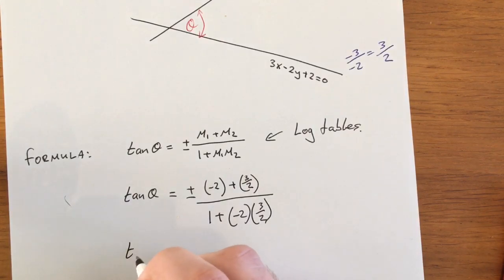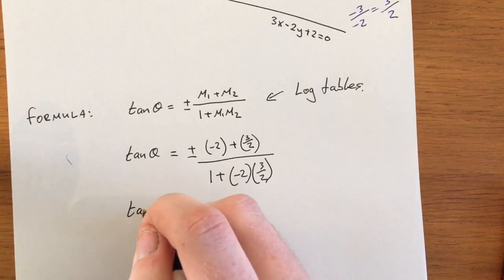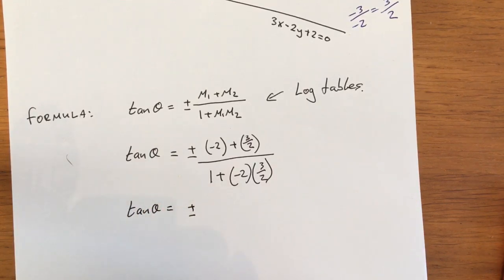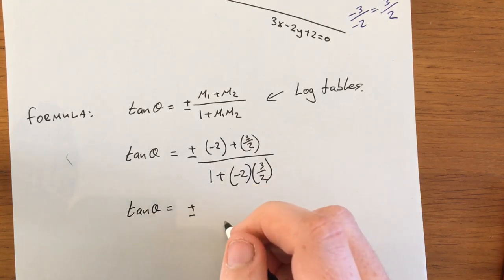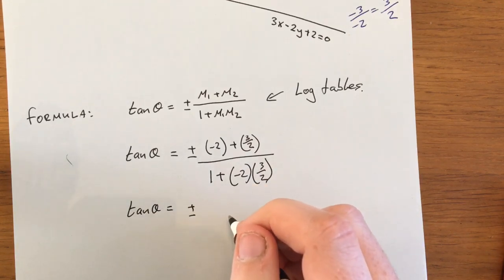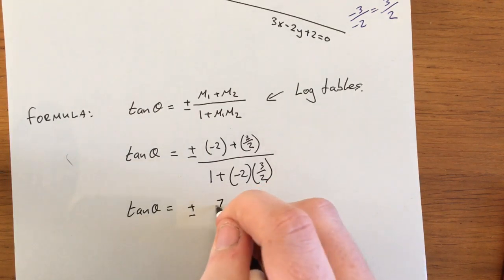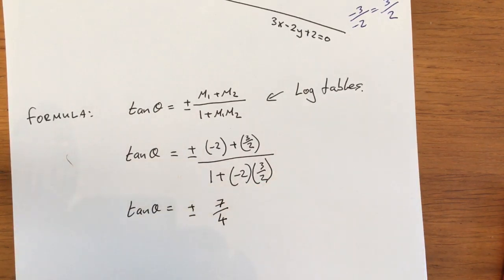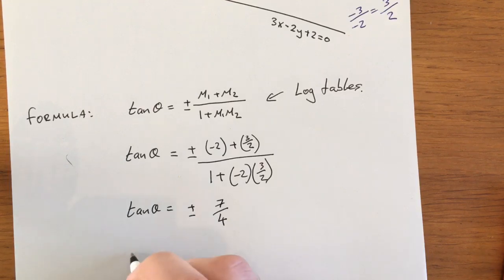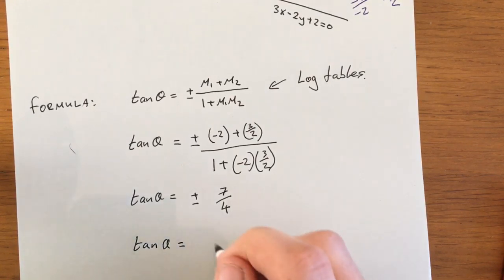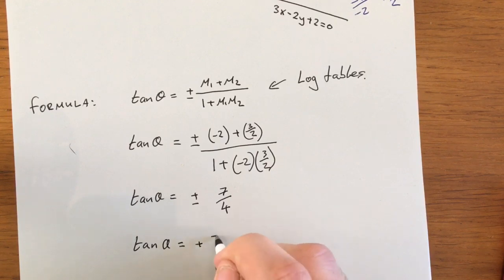So then if we continue on here, we have tan theta is equal to plus or minus. If we put all that into the calculator, that will basically all go to 7 over 4. So then we can do tan theta is equal to plus 7 over 4.